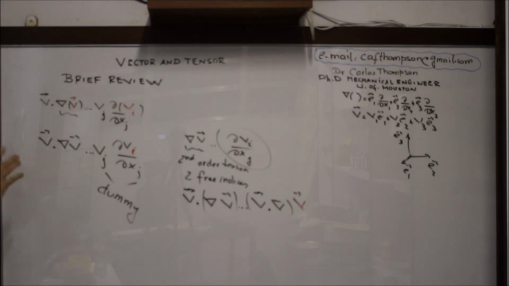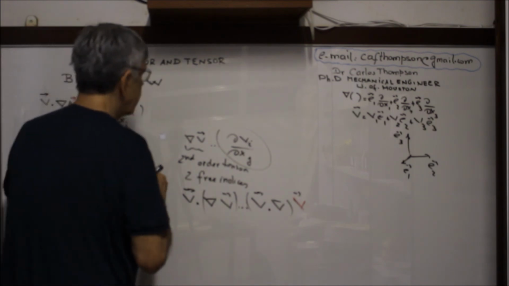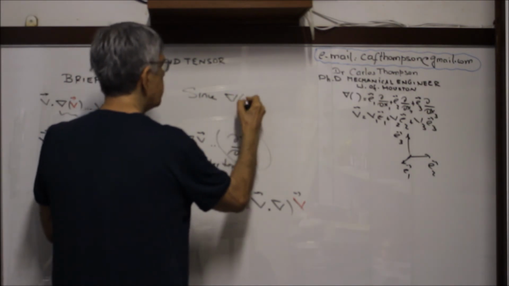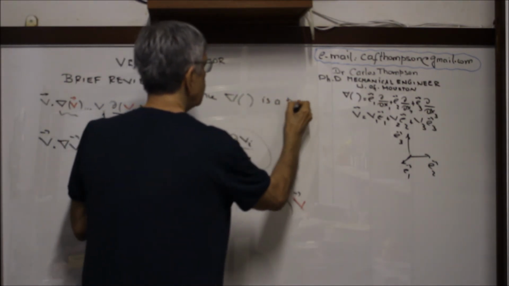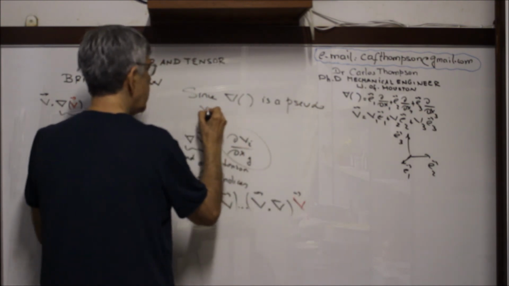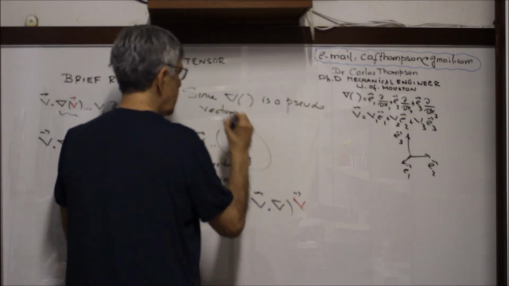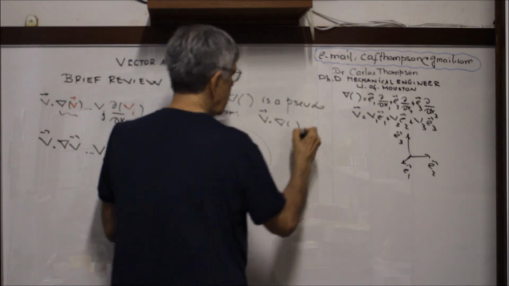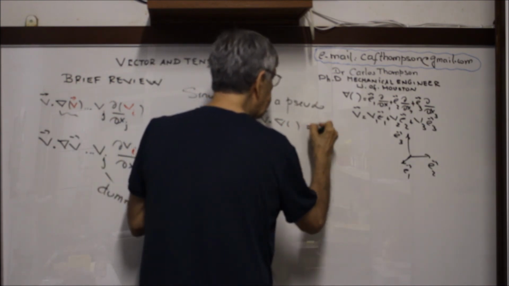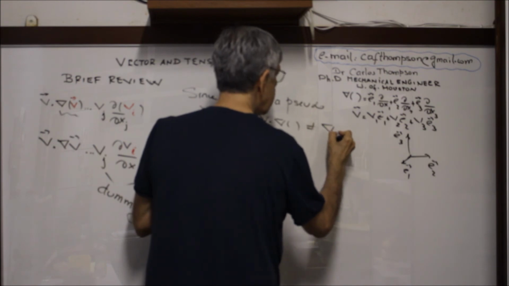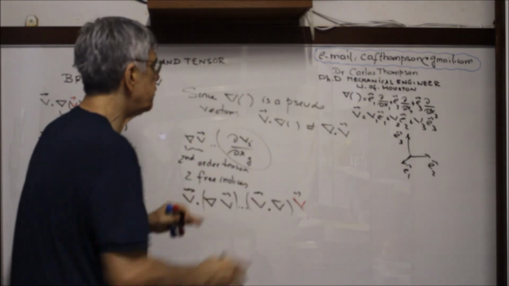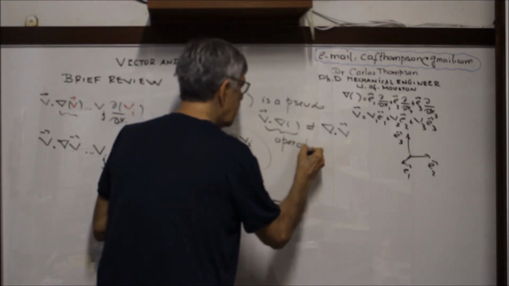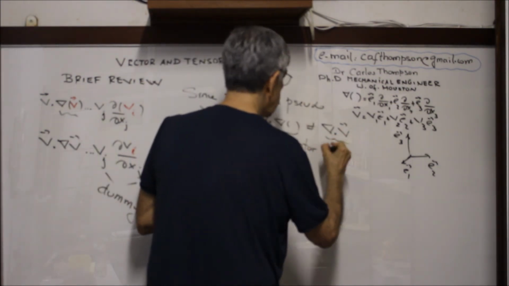Now, one more observation. Since nabla is a pseudovector, v dot nabla is completely different from nabla dot v. Completely different, because this is an operator and this is the divergence, a scalar.